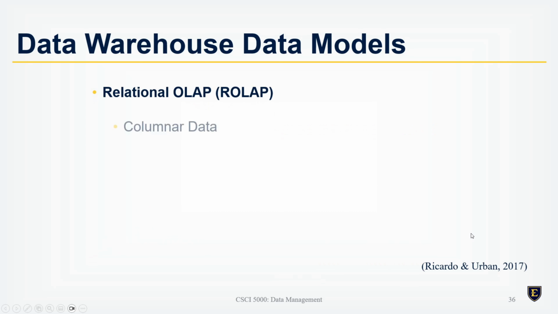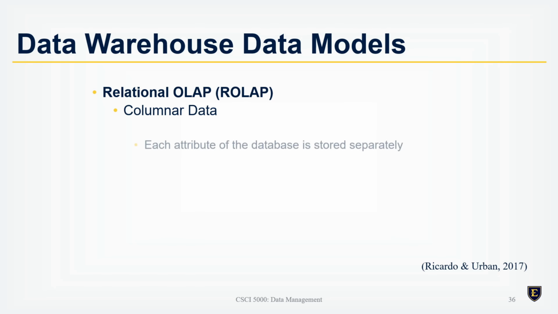If we look at another way of organizing a relational OLAP, this is happening on systems like SAP HANA. SAP HANA is organized as a columnar database. Column-based data is, as it turns out, a lot easier to query than more complex data systems.